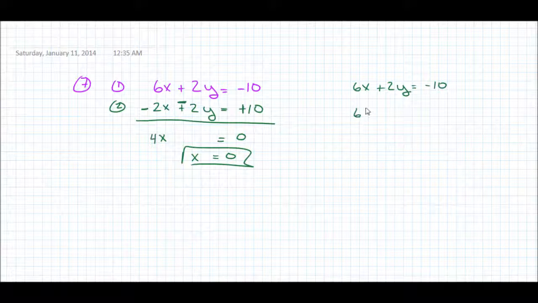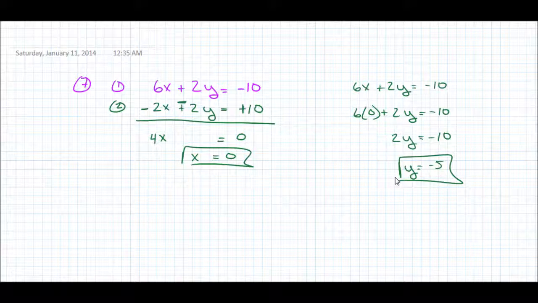Plug it in, you get 6 times 0 plus 2y equals negative 10. So you get 2y is equal to negative 10. Divide each side by 2, you get y is negative 5. So your solution set for number 7 would be 0, negative 5.